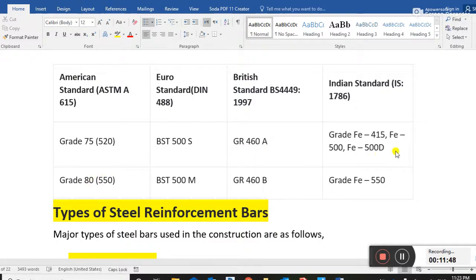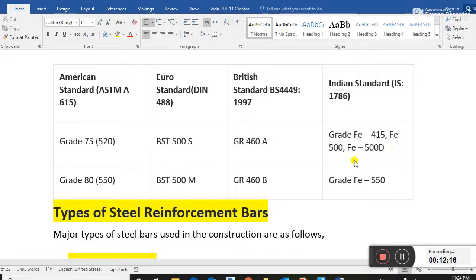Guys, in Indian standard the grades are FE 415, FE 500, FE 500D. Generally, for grade 75 in Indian standard IS code, this is FE 415 or FE 500.